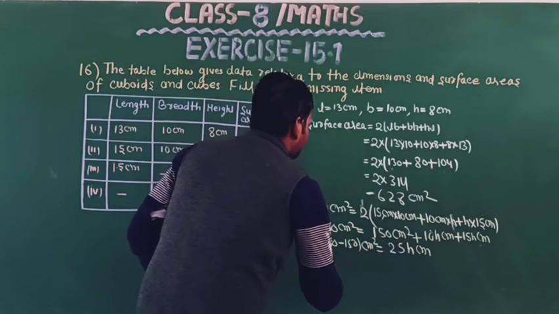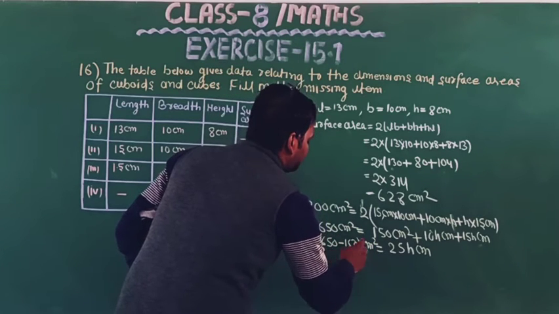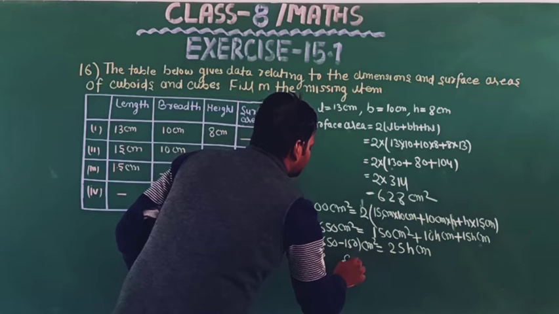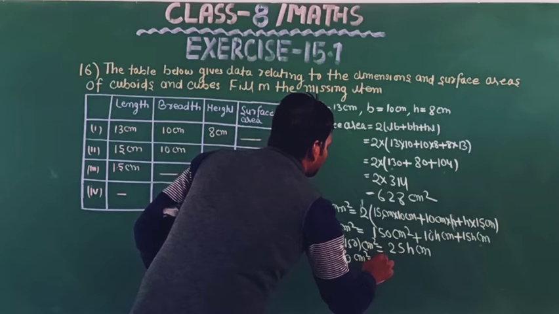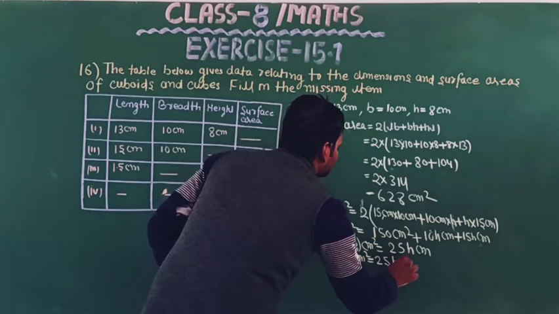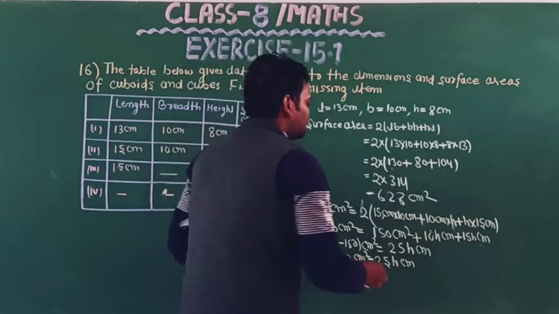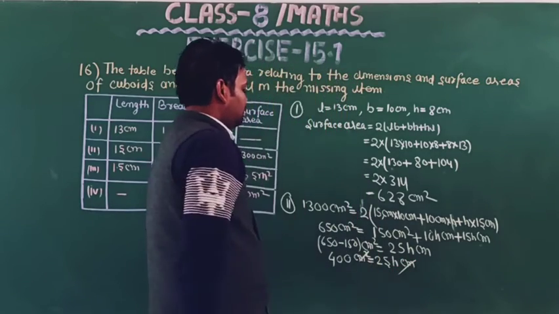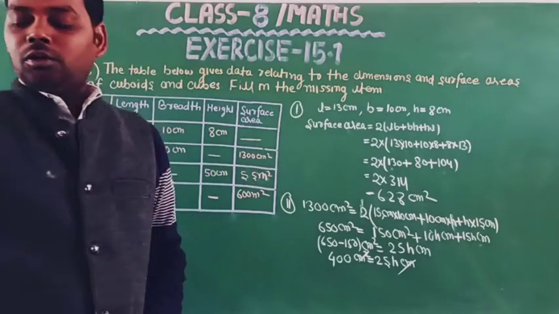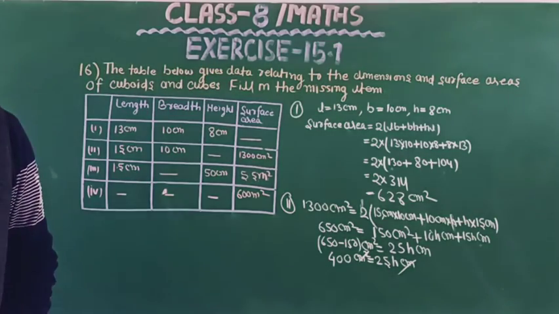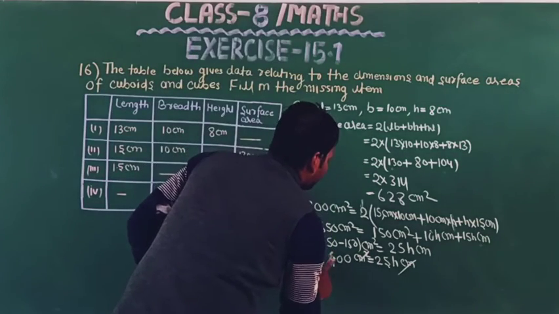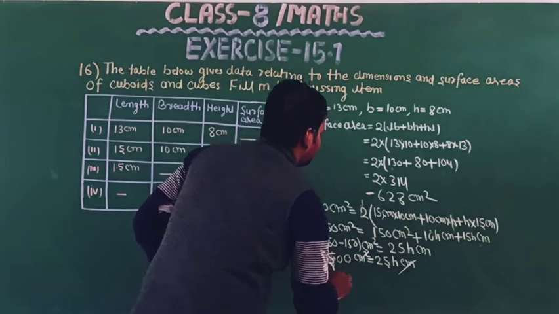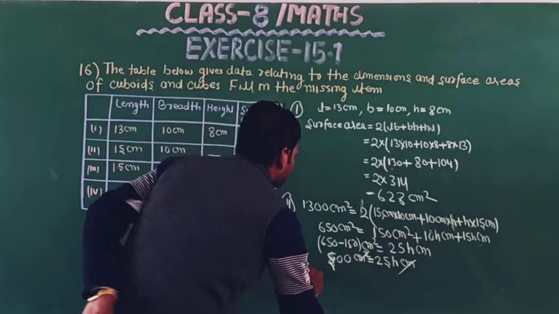Now subtract 150 from 650, so we get 500 centimeter square equal to 25H.